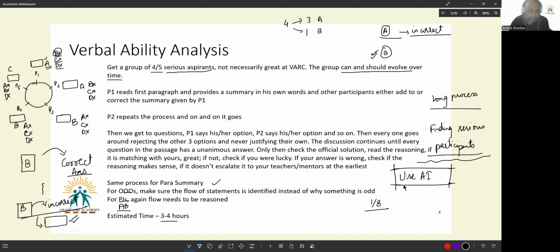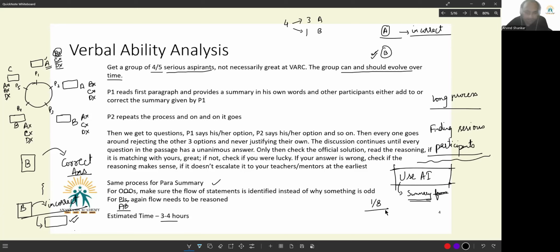When I'm saying use AI, I'm saying get a summary of the passage from AI. You can use the summary from AI, and that's it. The reasoning part of it, where you're rejecting options or trying to identify the reason, you would have to do on your own. But you can always utilize it to generate summaries.